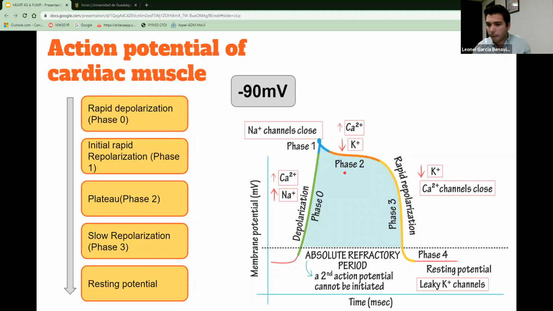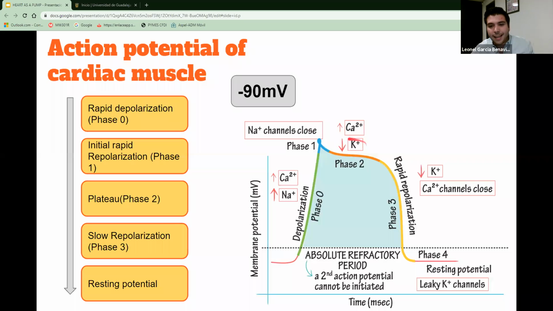So even though potassium is going a little bit out of the cell, thanks to calcium that went in through those channels, you can have a plateau created that's going to make the action potential last longer, different to other cells.